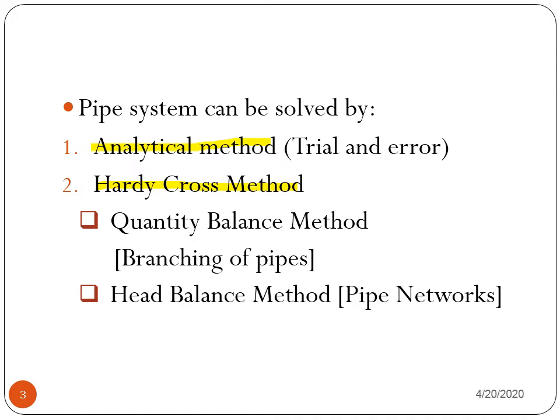Analytical method is via trial and error, whereas for the Hardy-Cross method, for cases of branching of pipes, we will use the quantity balance method. And to solve for pipe networks, the method name is head balance method.